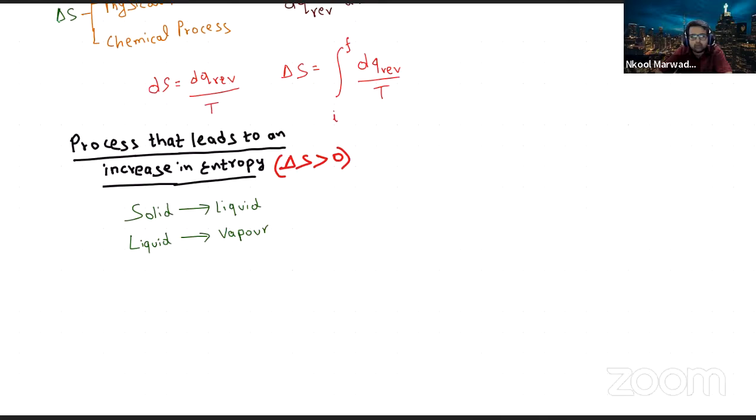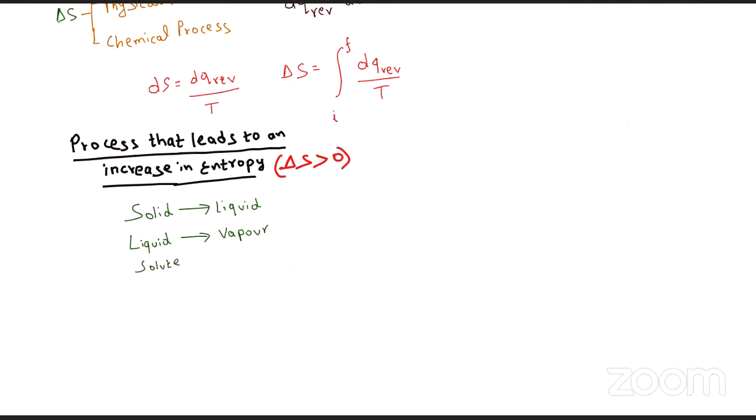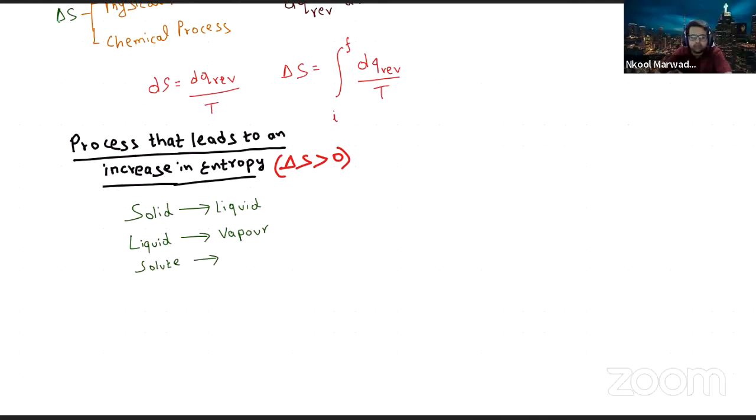I have a solute that can get dissolved in a solvent, and if I do that, I will form a solution. When the solute gets dissolved in a solvent to form a solution, entropy will increase, and hence it is a spontaneous process.